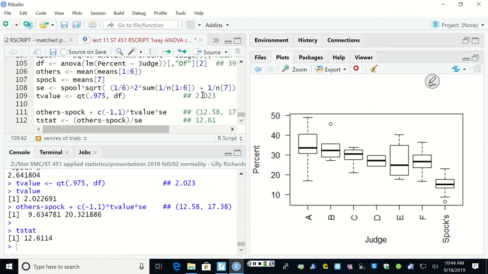If you did 1,000 tests where there'd be nothing going on, there'd be an upper 2.5% and a lower 2.5%. And if you called those significant, that would just be by chance. If you repeated it and did a test again, there'd be no guarantee that that group would be the biggest if in fact there was nothing going on.